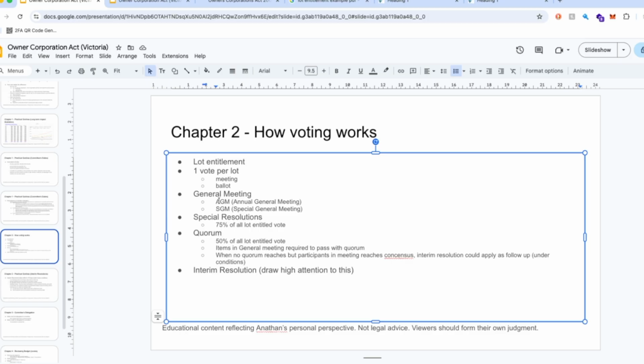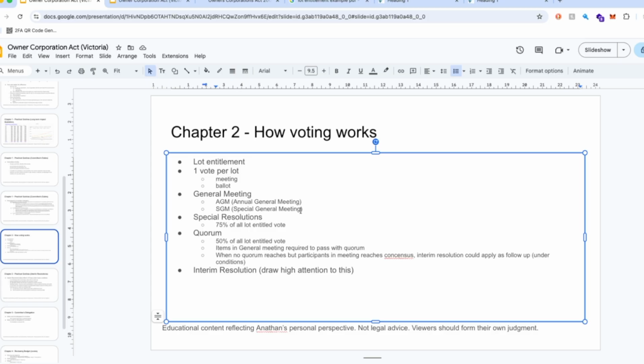Now the next is general meeting. There are two types of general meeting. One is the annual general meeting, which is the annual general meeting that all OCs have. And there's another one called a special general meeting. You can think of it as a meeting that's assembled unplanned.